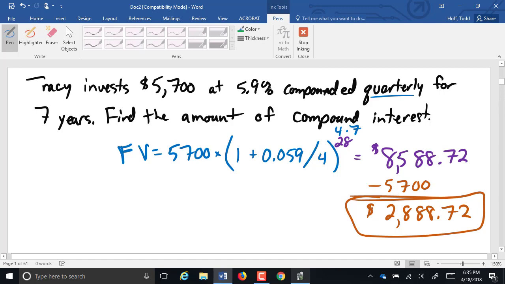Now, because this is compounding, that is a higher rate of interest than what you would normally get in simple interest. You know, we saw in that first example we did, instead of 94.40, we had 95.56. You ended up with, you know, over $100 more, and that was just a 3-year period.